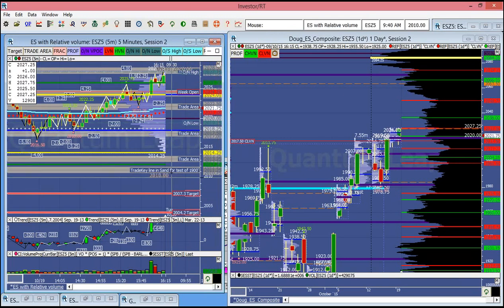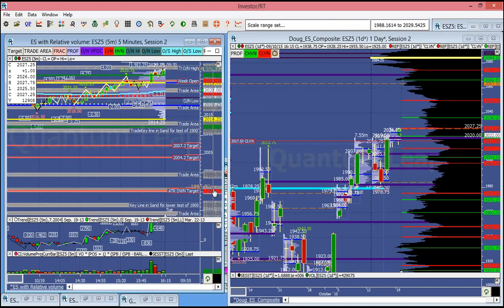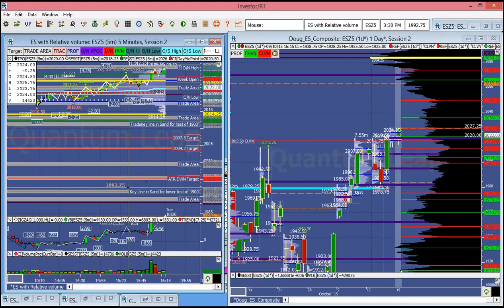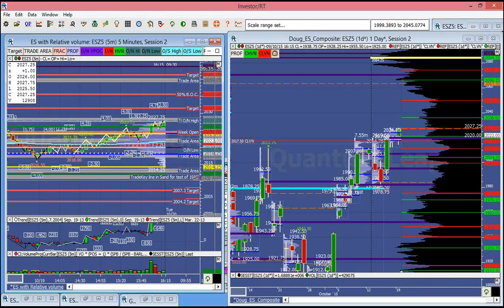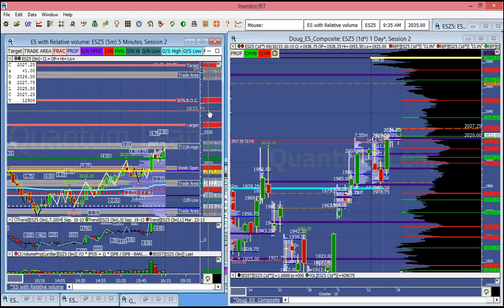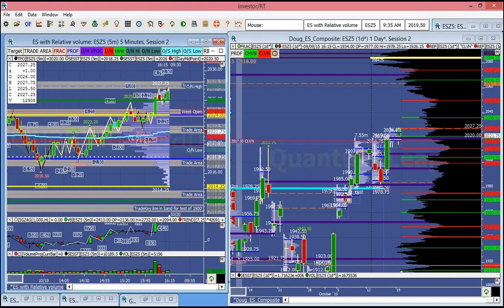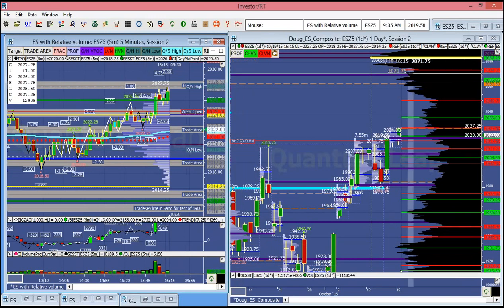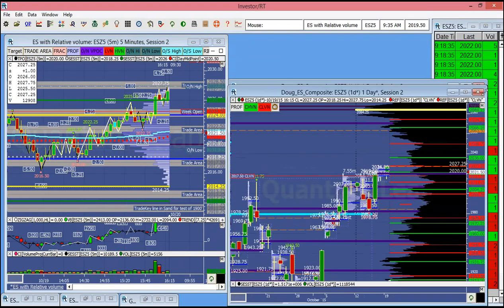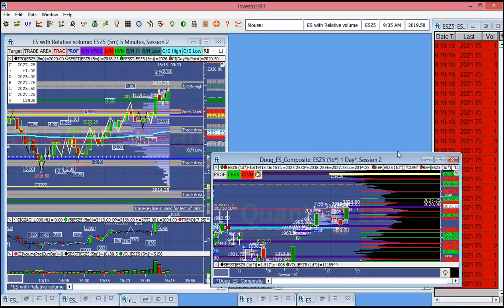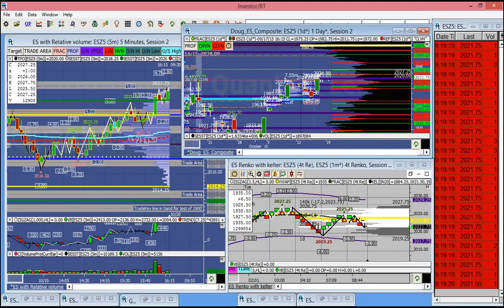If we break below this 11 and a quarter, I'm looking for a possible trend day all the way down into this 95 to 99.50 area. But we'll have to see. I mean, it could be a rotational day with an upside or downside bias. We just have to take a look at our auction logic clues as the market gives us the information and make our trade adjustments that we have to make.